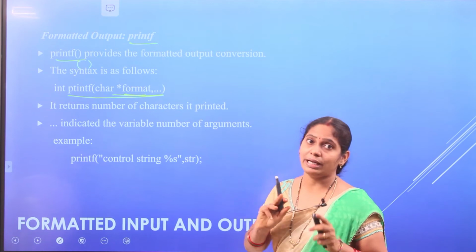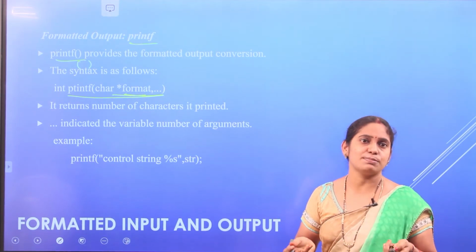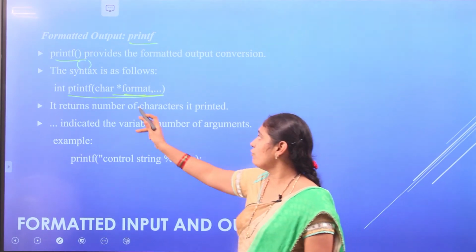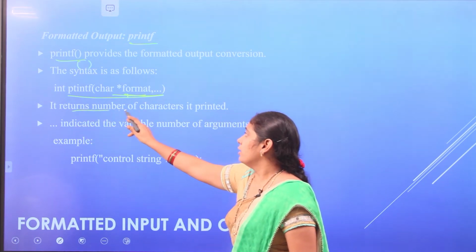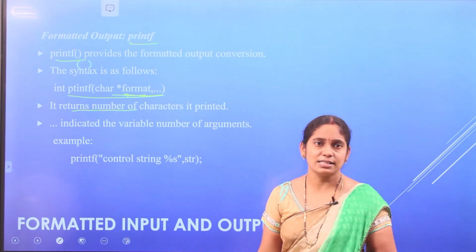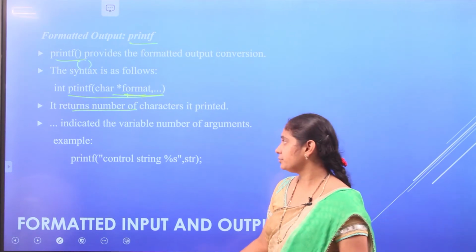We have discussed so many types of format specifiers like %i, %c, %s, %d, in different forms. That respective format specifier needs to be used here. And it returns the characters printed. So output is nothing but a result. What we are printing will be displayed to the user on the monitor.